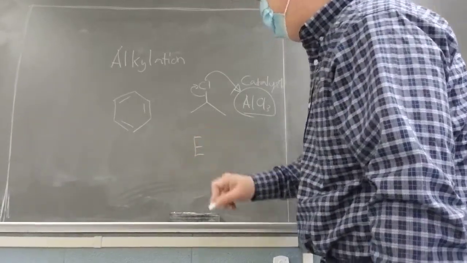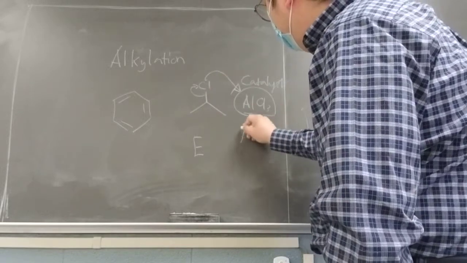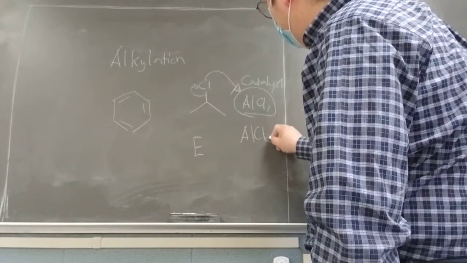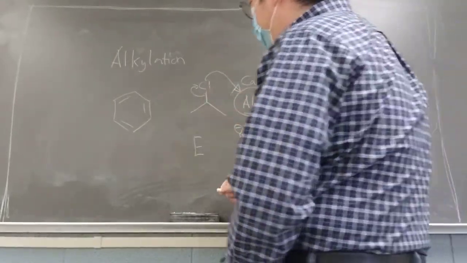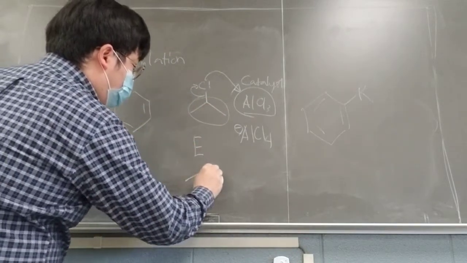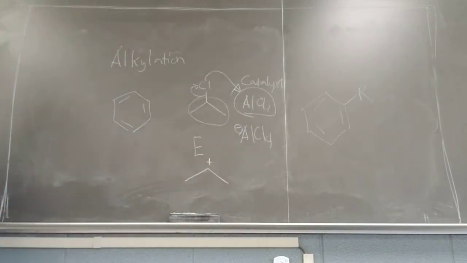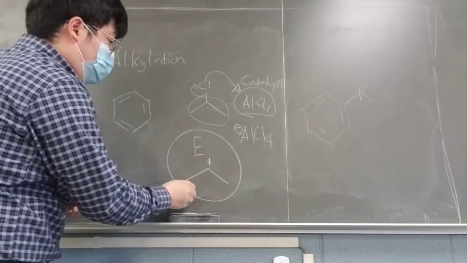In this case, it will be a carbocation compound. So if this happens, obviously you have AlCl4 negative added to there. But this part here, this carbon will be a carbocation, right? So this is your electrophile.